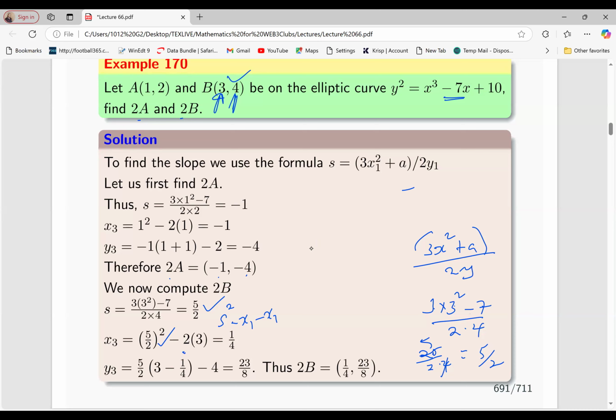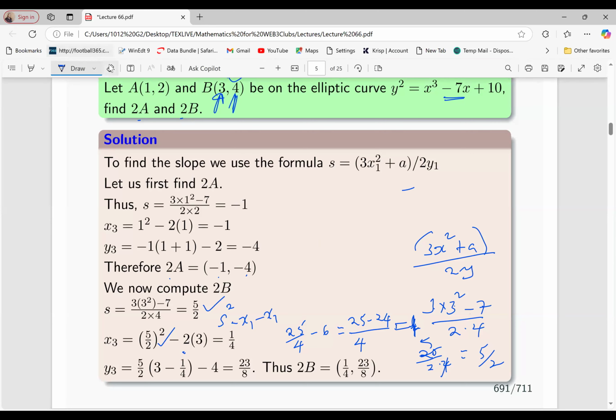So this would be 25 out of 4 minus 6. The LCM, of course, is 4. And this is 25 minus 24, which is 1 out of 4. So that is our x3.